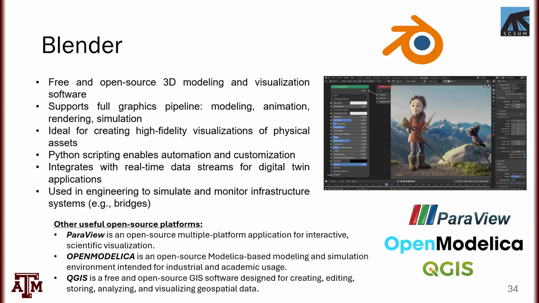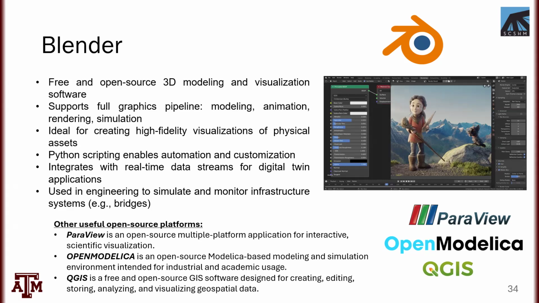Now, I keep talking about visualization and graphics. There are a lot of open source tools out there that actually help us in developing our digital twin. One of the tools that we used was Blender. Blender is an open source software. It helps translate a lot of those engineering models into visual interactive environments. Blender is actually developed for Hollywood-level animations.